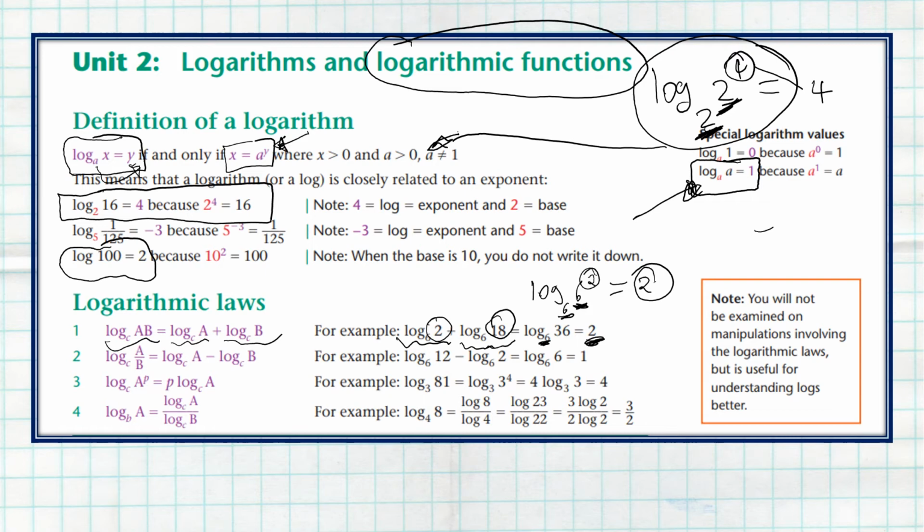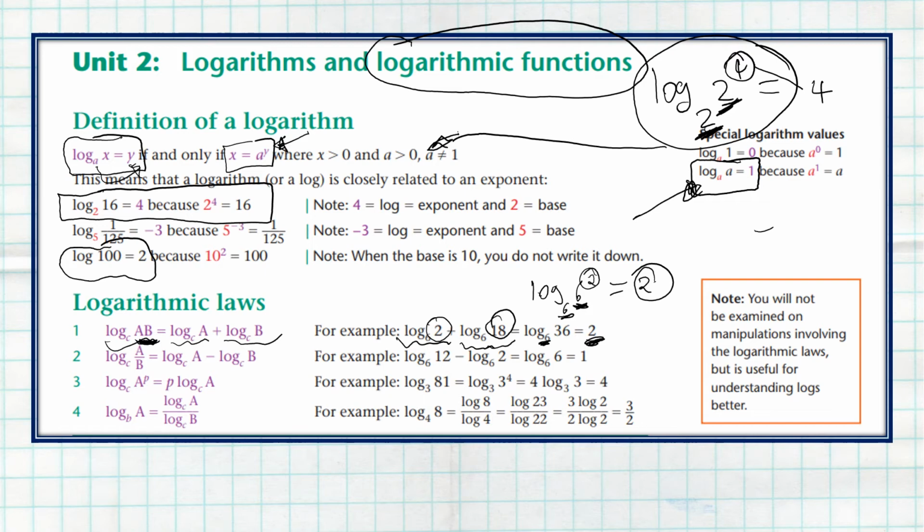Okay, very important. But mostly I just want you to know this rule. If we are multiplying two values inside, then we can separate it and write it as if we are just adding them like that. So that's the first log rule or log law.